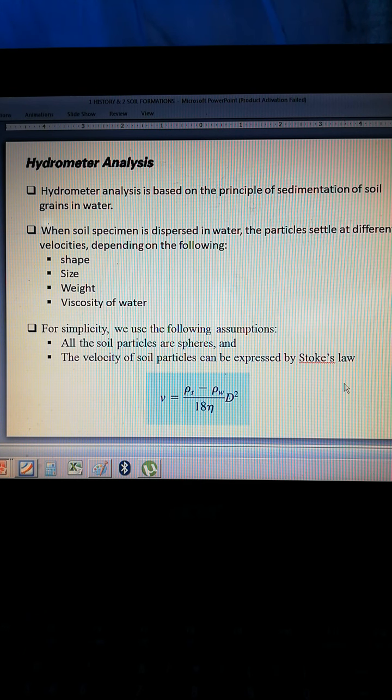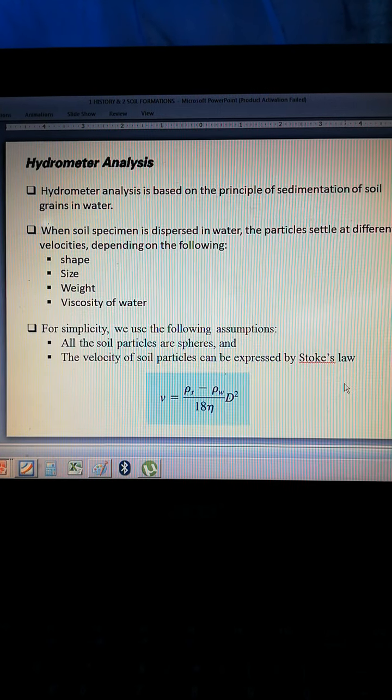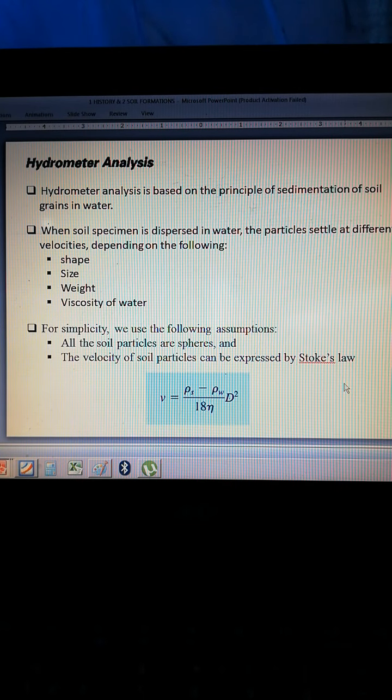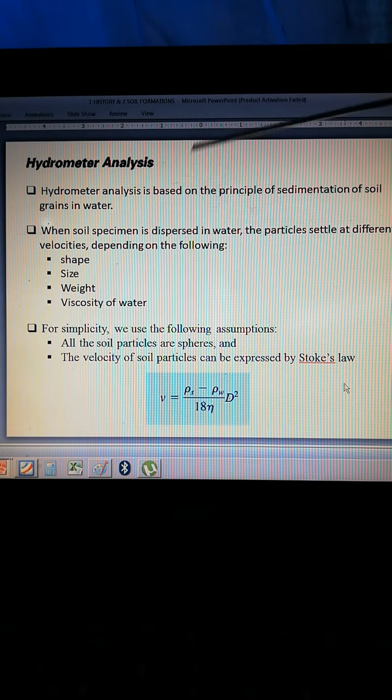Ug dili mo ka-imagine sa flakes, nga gagmay kaayo, mura na siya oats, quaker oats, murag kaspa. Okay, so these are what we consider when you determine the sizes using the hydrometer.